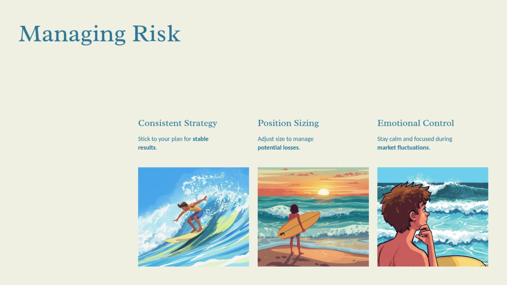We talk about managing risk a lot in this course. The ways that we do that are we have a consistent strategy, something that you can rely on for a rules-based execution, a disciplined framework. You can stick to your plan to get consistent, stable results. We also always encourage you to trade small. You want to start with lot sizes of 1.